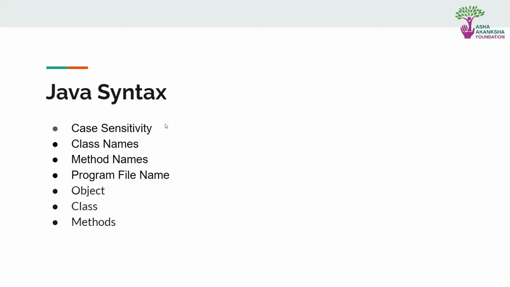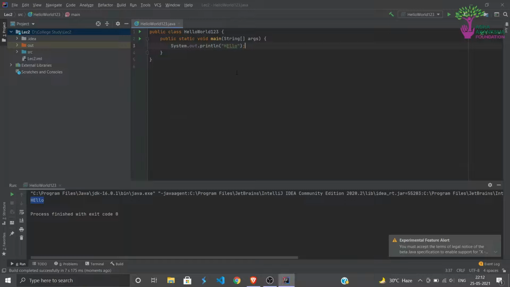Okay, so the case sensitivity with class names. Class names, as I said, initially have to be capital letters. If we want to create a function, within classes we can create multiple functions. Main is considered a function. It is a method. Method or function are the same. The first letter of those is always small. So here main, M is small.